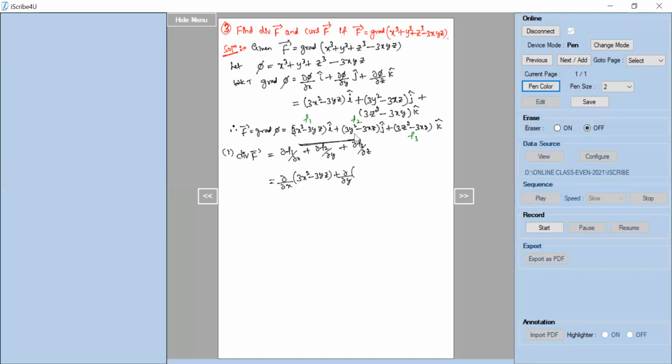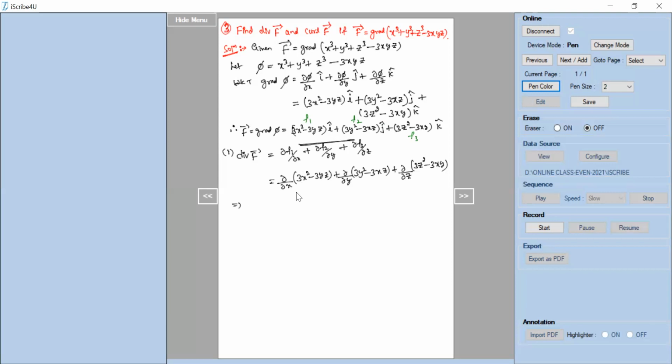And you know f2 already mentioned here. It is 3y square minus 3xz, plus ∂/∂z of f3. F3 is 3z square minus 3xy. So if you just find the partial derivative of this, you're going to get the divergence of this vector.